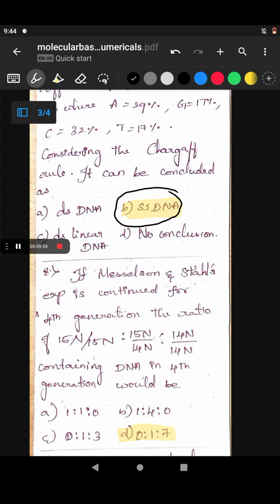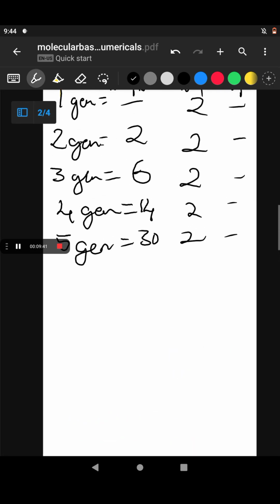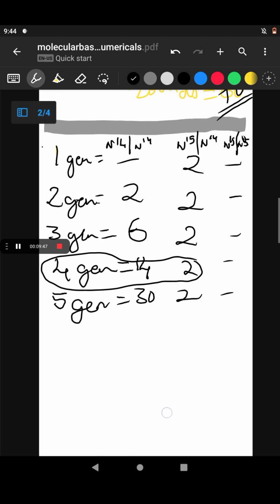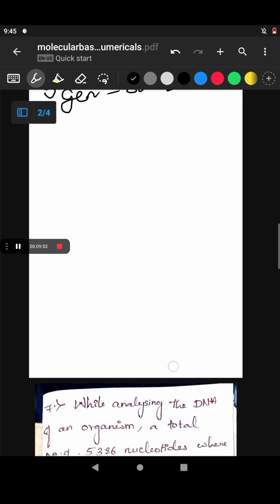Now the Meselson and Stahl experiment is continued for the 4th generation. I had given you this formula to remember. In the 4th generation, there are 14 light and 2 hybrids, and heavy nitrogen would be 0.